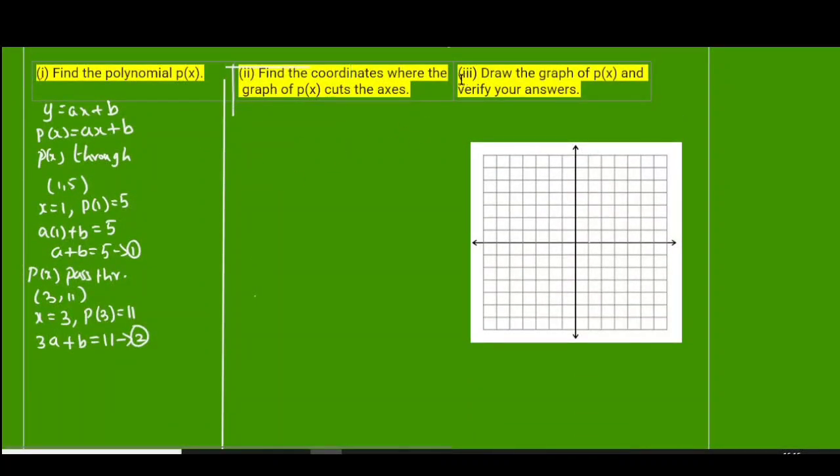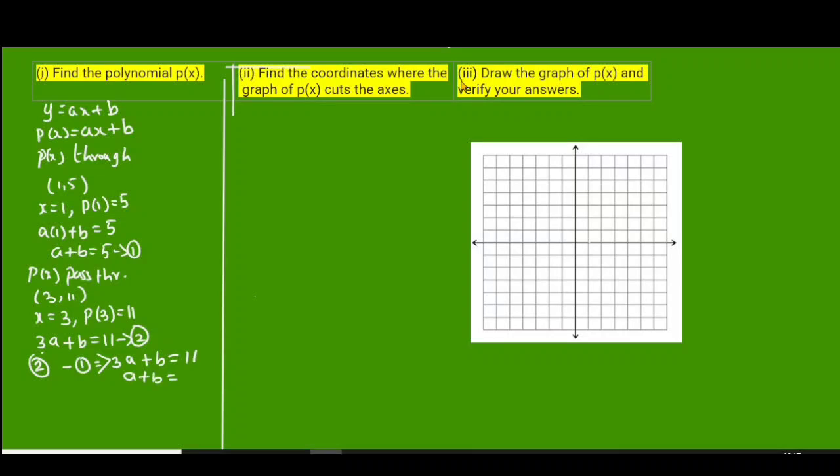You know how to solve it. The coefficient of a in the second equation is greater than in the first equation. You can see a coefficient 3 and here a coefficient 1, b coefficient same. So we can subtract the first equation from the second equation. 3a plus b is equal to 11 and a plus b is equal to 5.